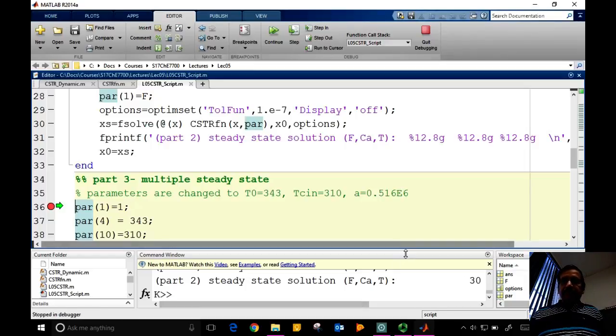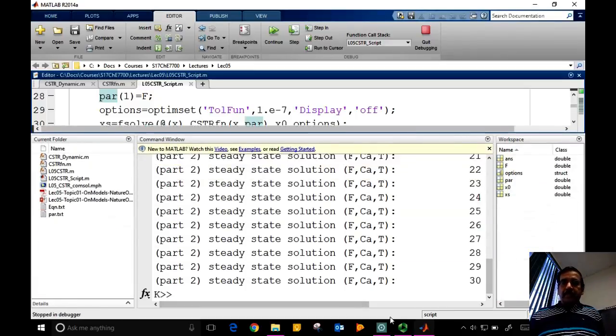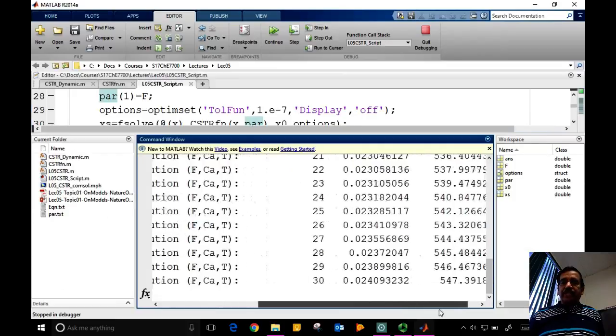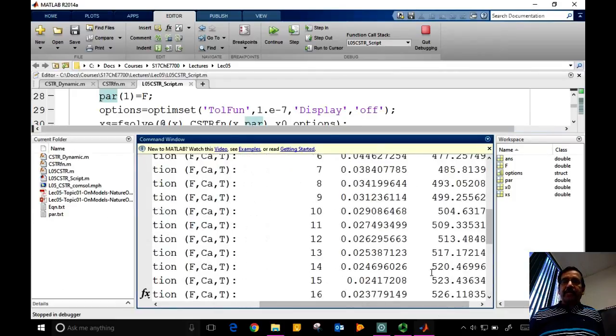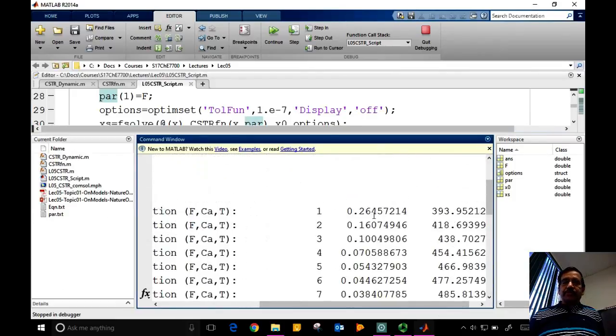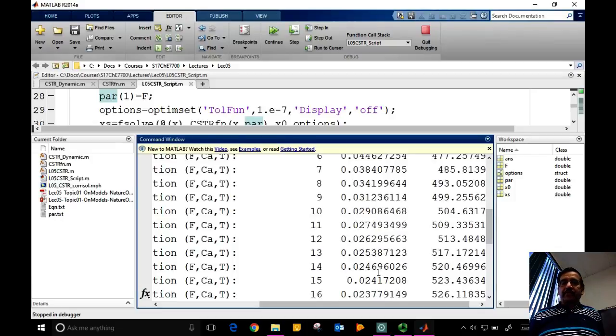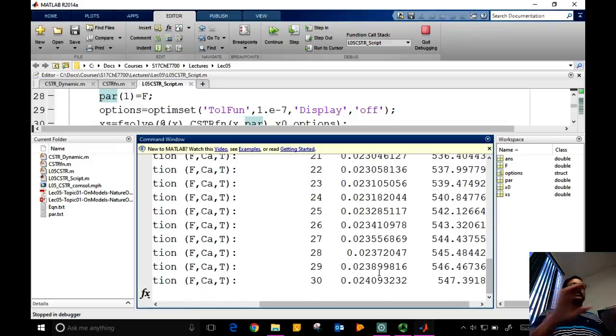But what you see from here is a fairly gradual change in flow rate and composition: 0.26, 0.16, 0.10, 0.07, 0.05, 0.04, etc. Fairly smooth. So it looks like the curve is smooth, which means there is possibly only one solution.